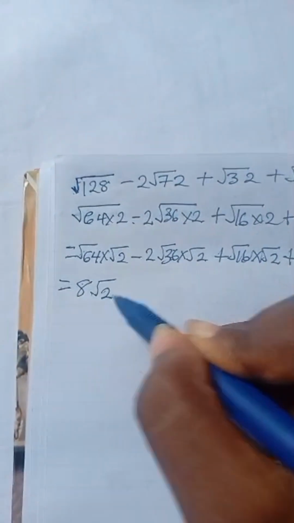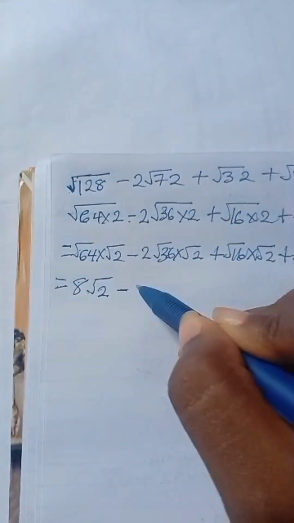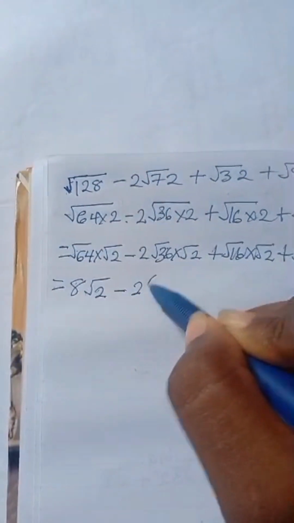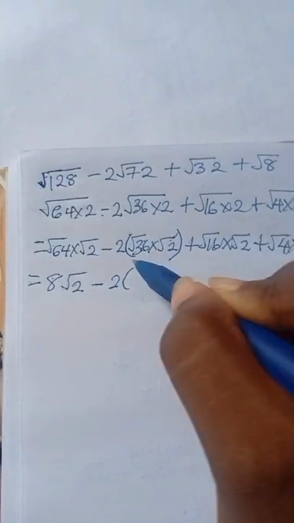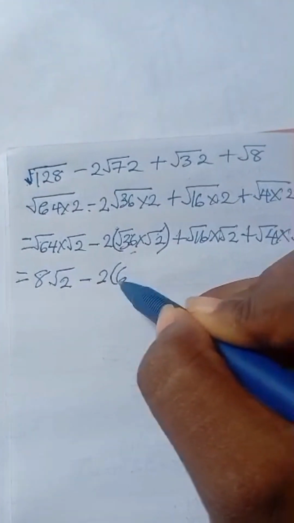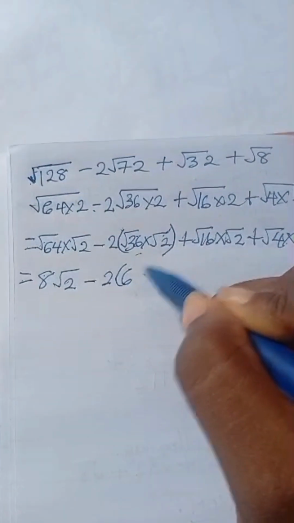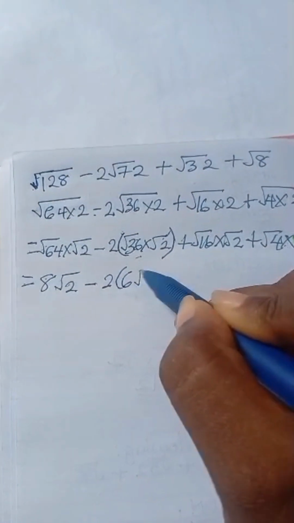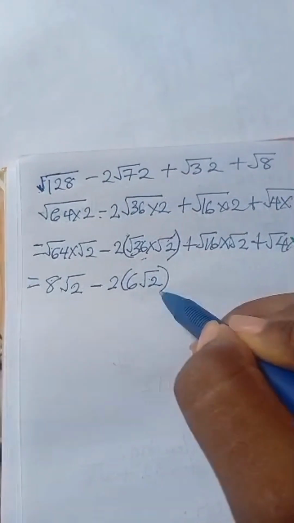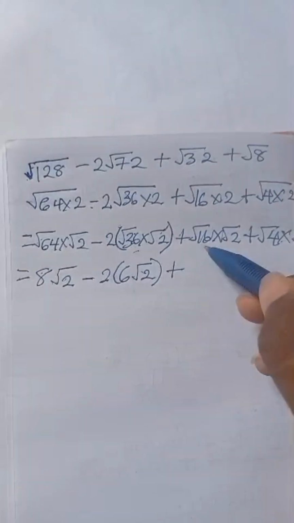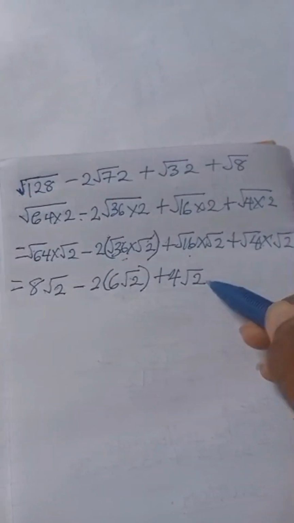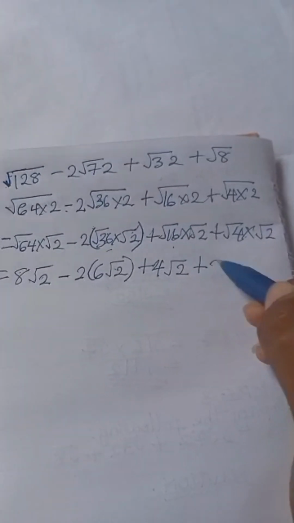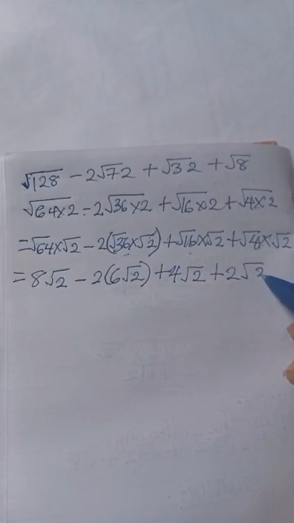8 root 2 minus 2. You know 2 was already outside. Let me introduce brackets. Root 36 is 6. You know 6 by 6 is 36. The root 2, just place beside it. 6 root 2 plus root 16 is 4. Place the root 2 that was there already with it. Plus root 4 is 2. Place root 2 beside it.